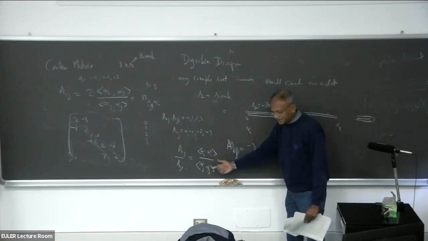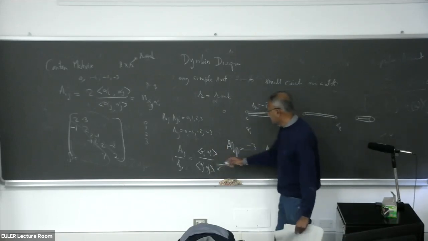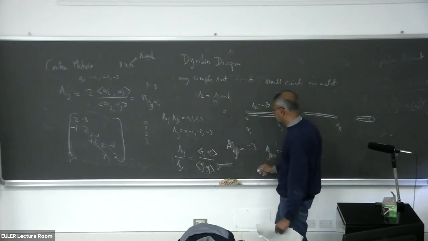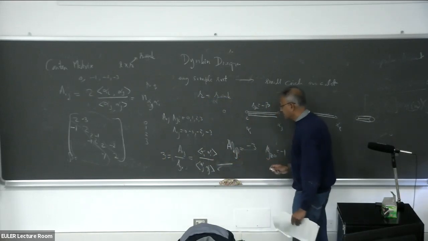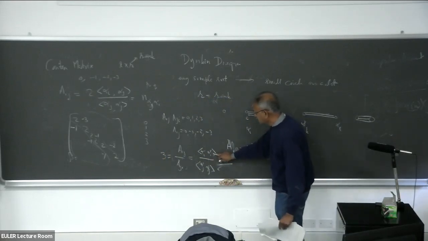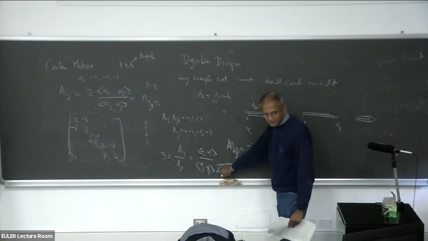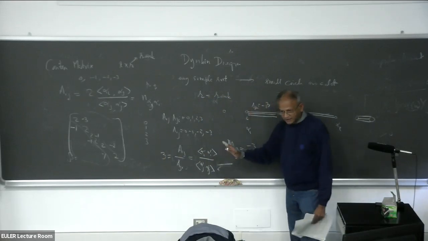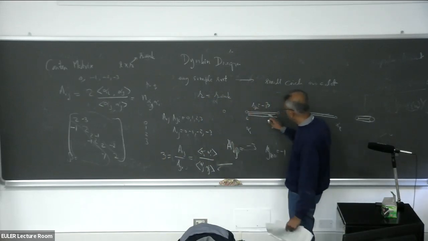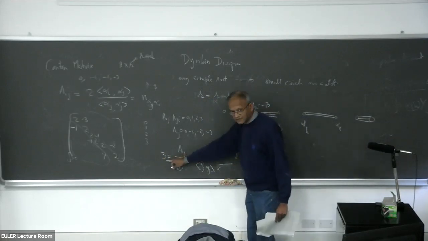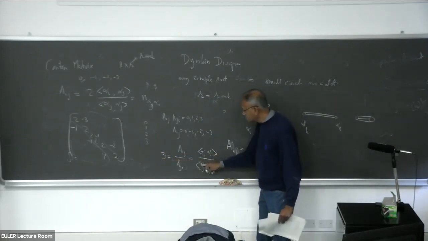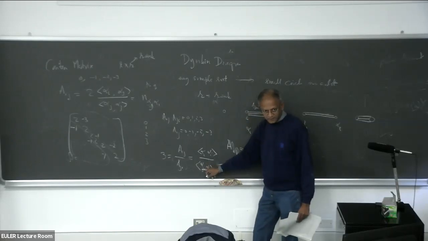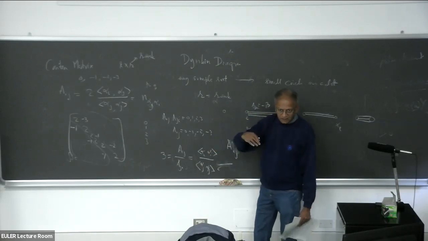So if, for example, A_ij is -3 and A_ji is -1, so this is equal to 3 in this particular example, that means alpha_i is bigger than alpha_j. It is enough to specify which one is bigger, because once I have 3 lines here, I know this is going to be 3. So the length of alpha_i will be the square root of 3 times the length of alpha_j. So it is enough to say which one is bigger or which one is smaller.